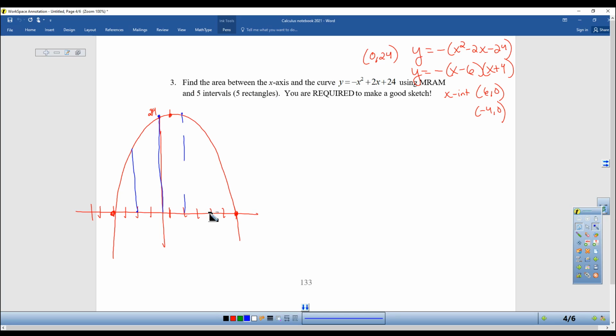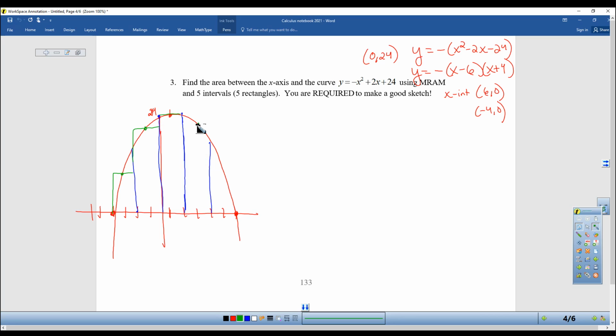All right. And then, so I need this one and this one. 1, 2, 3, 4, 5. Right? I am going to do MRAM. So what's weird is I'm going to go in between, and I actually want this point right there. That's going to be my rectangle. And then from here, I go to here, and that's going to be my rectangle. Oh, I am going to use the vertex after all, right?